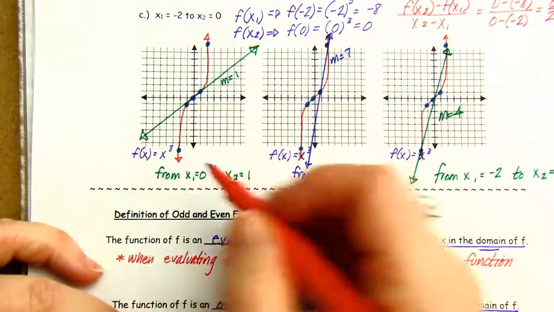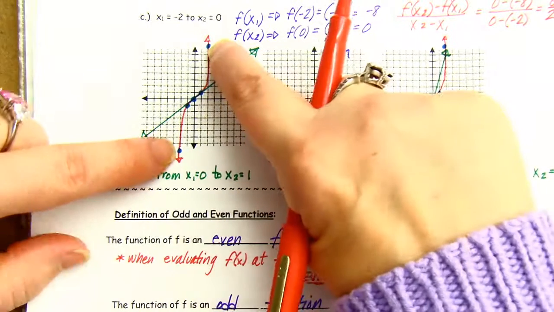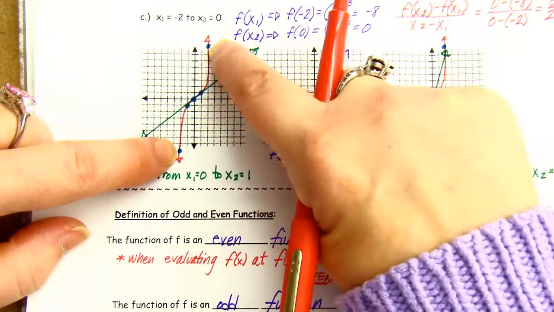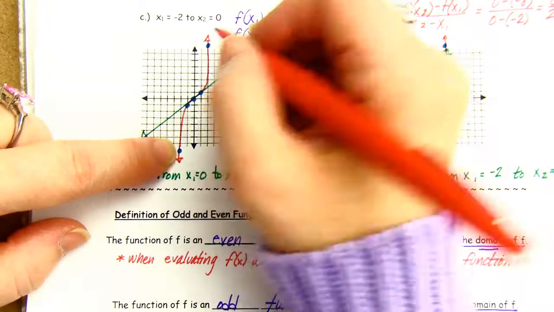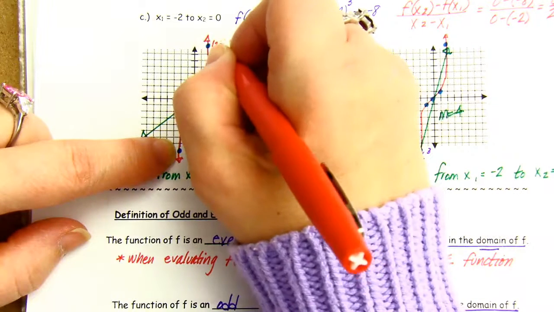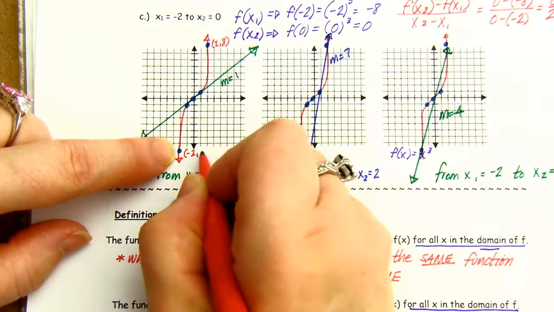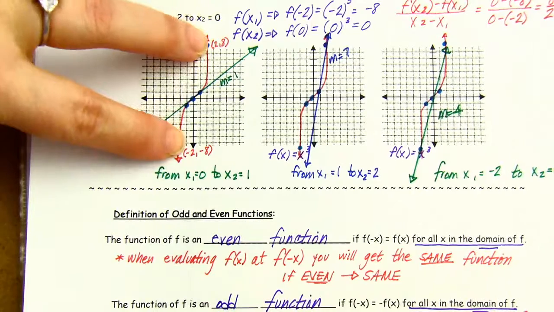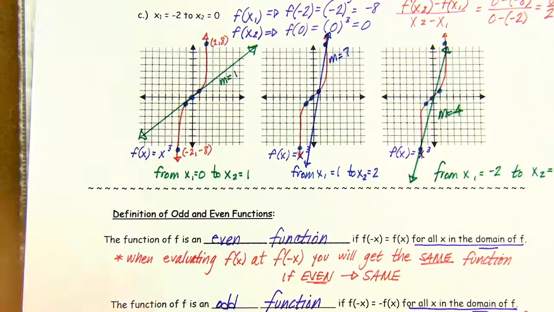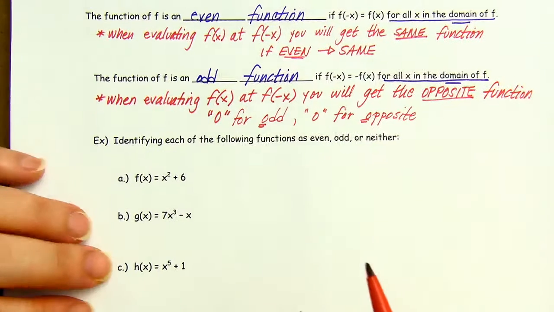It's power of 3, and 3 is odd. So if I'm comparing these two ordered pairs, this ordered pair is 2, 8, and this ordered pair is negative 2, negative 8. So when the x's are opposites, so are the y's. Okay, and that's really what this means here. But if you're asked to compute this algebraically, this is really what you're going to do.